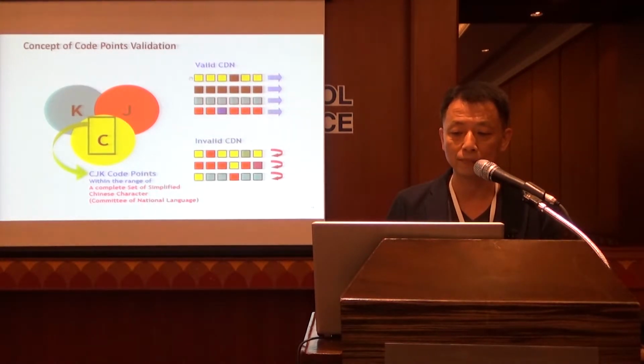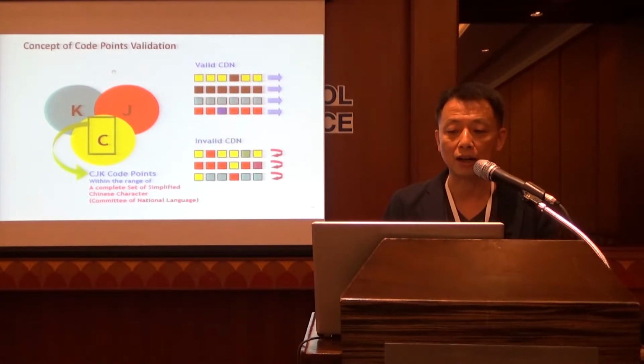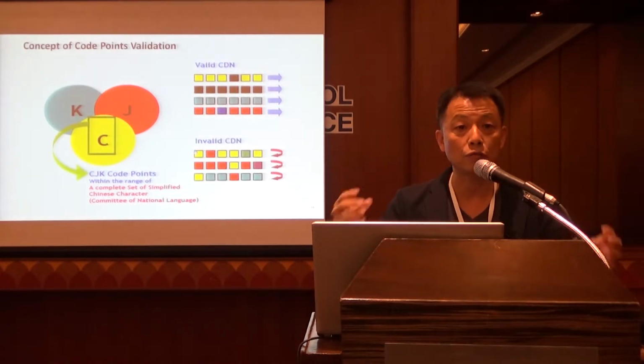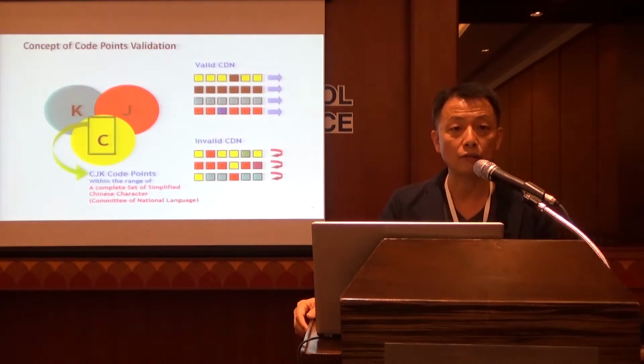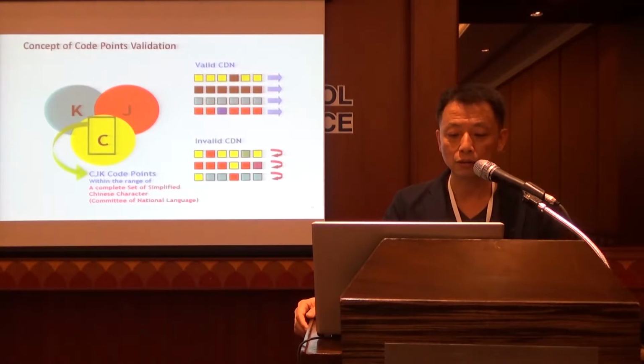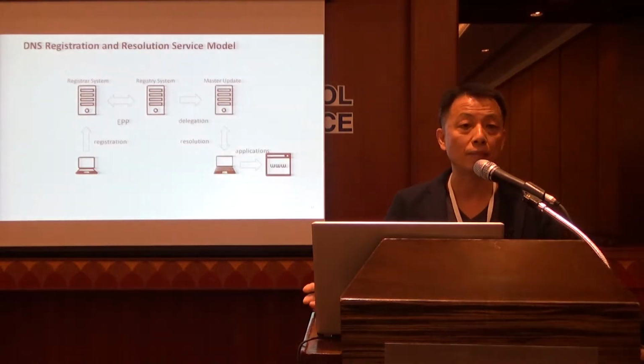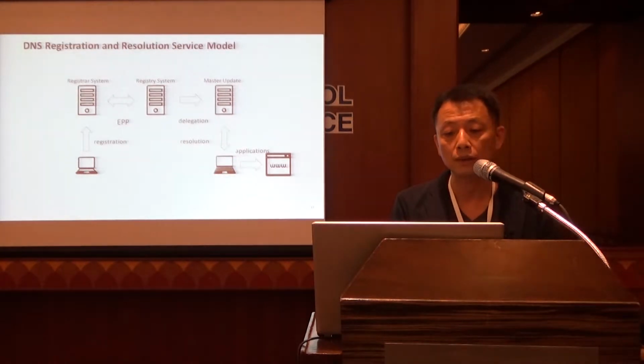For example, if the domain name is not registered within the code space, it becomes valid. But if you combine different kinds of script into one string, it will be invalid. Through that exercise, we can try to reduce the problem into a more manageable size.